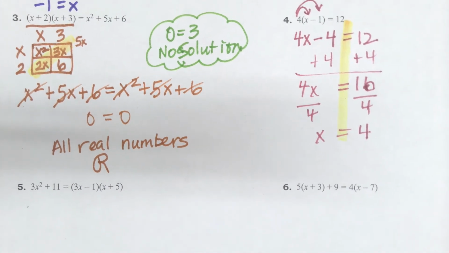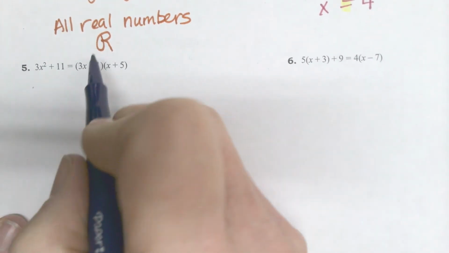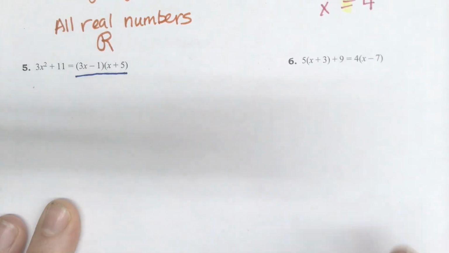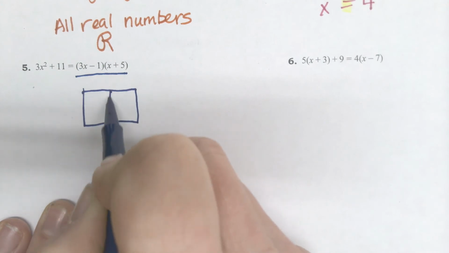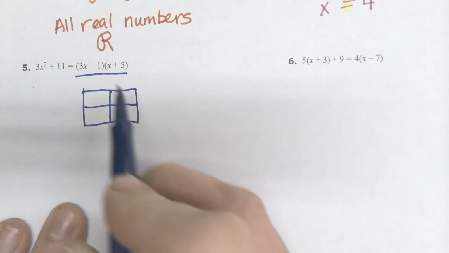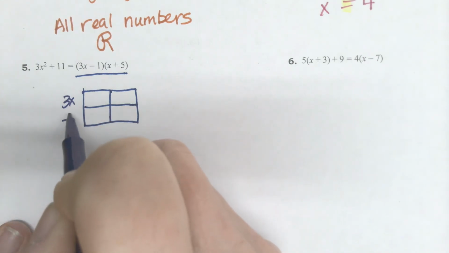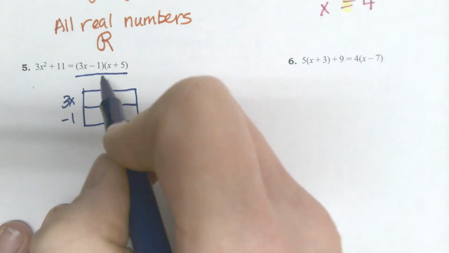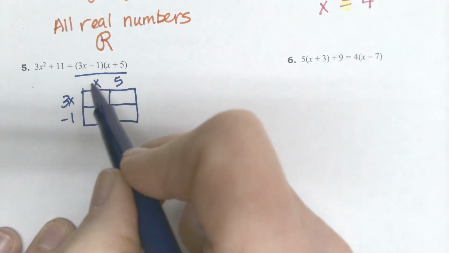All right. Up next, I've got another one where I'm going to have to do the box method. Another situation where I have a double distribute. So I'll draw the box. It's a 2 by 2, right? 3x minus 1 down the side, x and 5 along the top. Then I multiply.